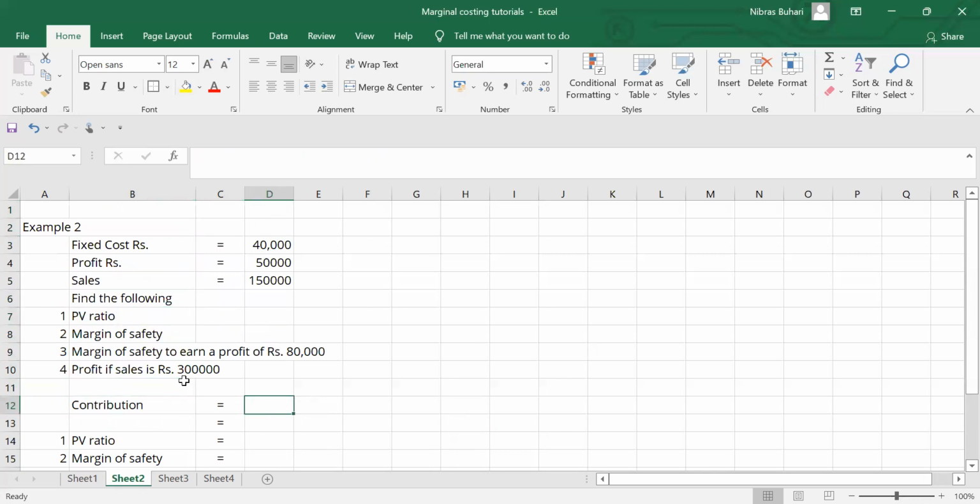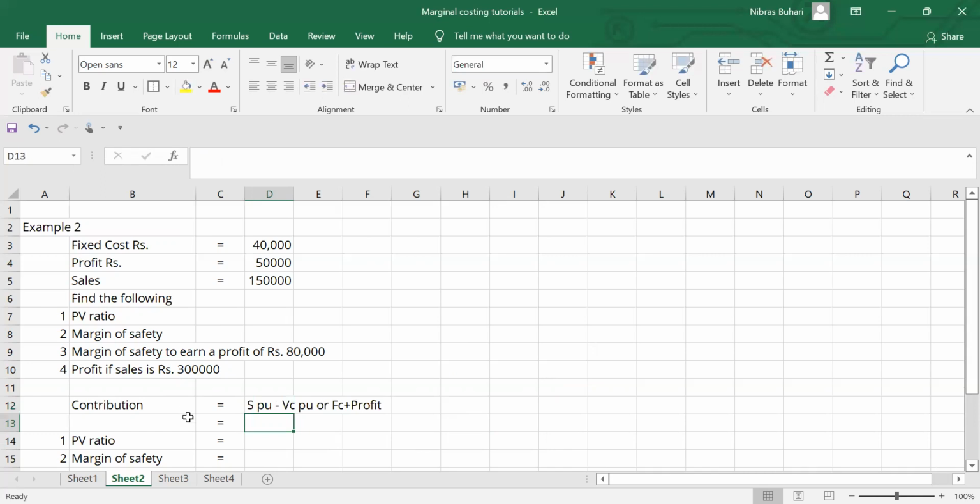To find PV ratio, you need contribution. It can be sales per unit minus variable cost per unit, but you can't use it because you have the sales, but you don't have the variable cost. But you have this formula: fixed cost plus profit.